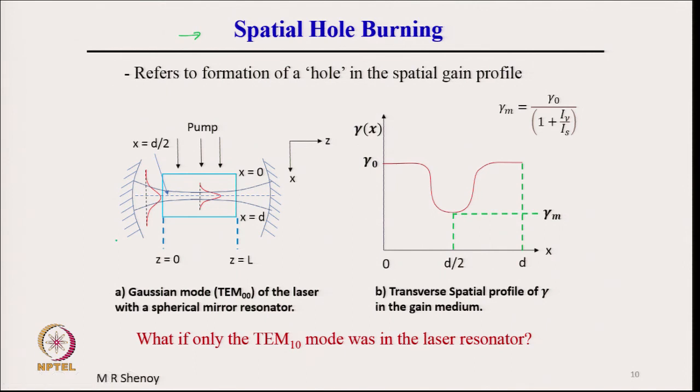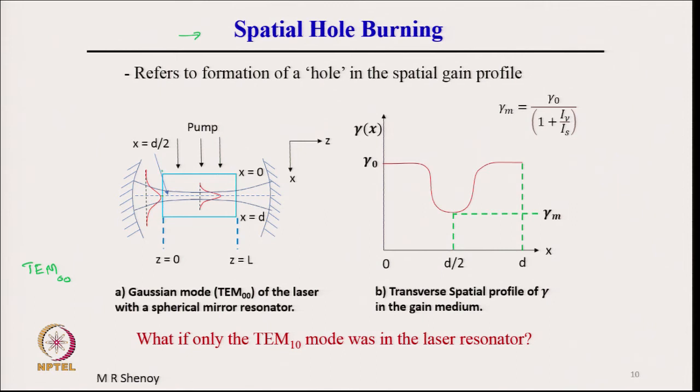So, look at the resonator here. This is a spherical mirror resonator supporting a Gaussian beam. The fundamental mode, which is the TEM00 mode, that is L equal to 0, M equal to 0, is the Gaussian beam which is propagating in the gain medium. Now, I have shown a gain medium here.